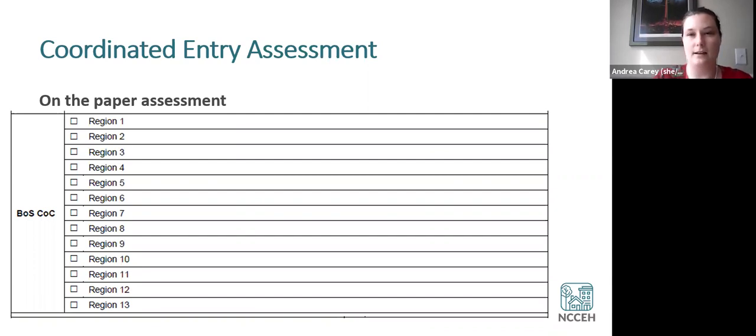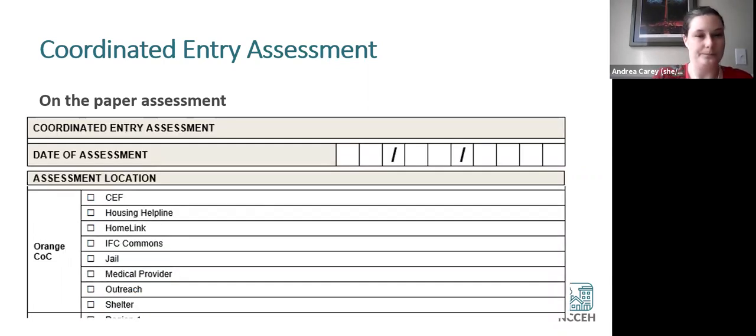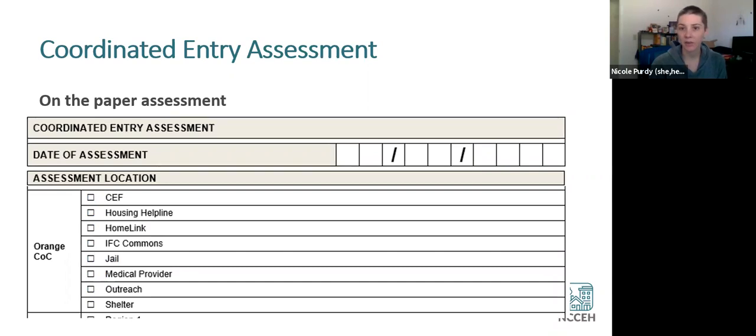Great. Anything to add, Nicole, about the locations here? Currently, Orange and Balance of State have decided on what those options are. Durham has not made that decision yet and are still in the process of that. So you will see those appearing at some point. It's just right now they haven't fully made that decision for their COC.